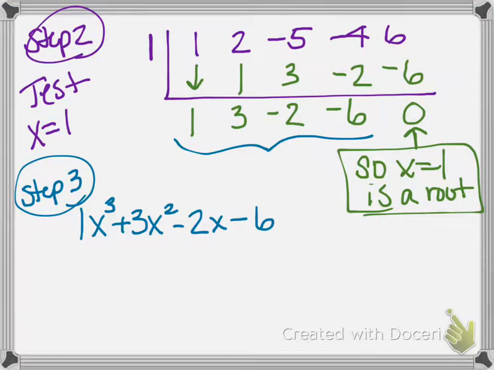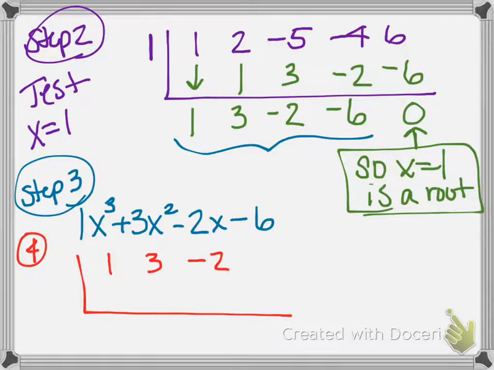So again, I'm going to do synthetic division. Now, this is step 4, using the coefficients from my new equation from step 3. So 1, +3, -2, and -6. And I'm testing -3 to see if it's a root. So let's go through and do this one.